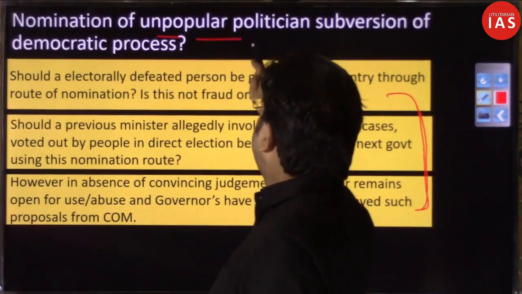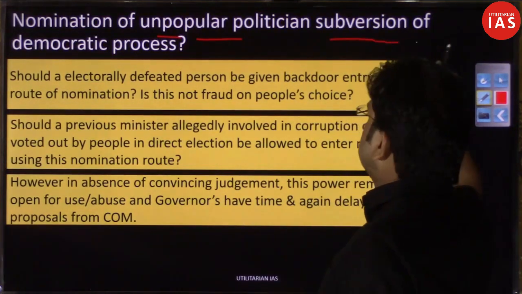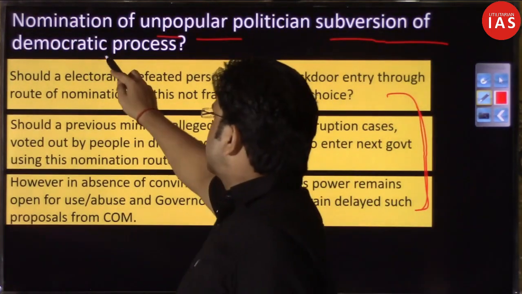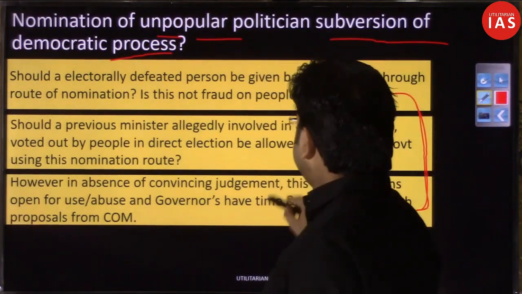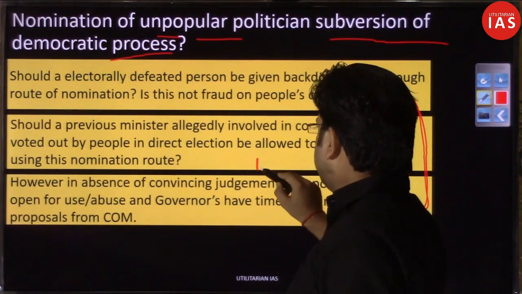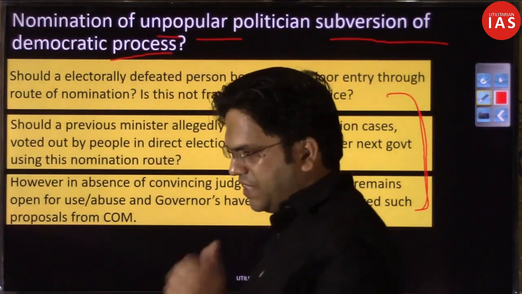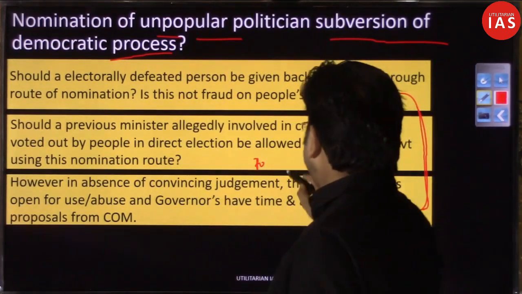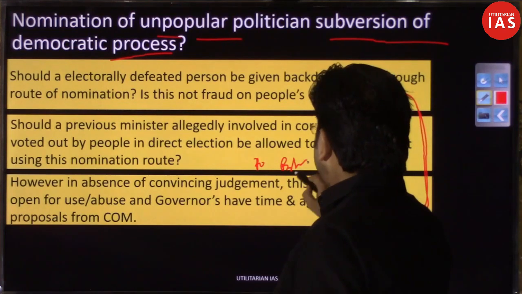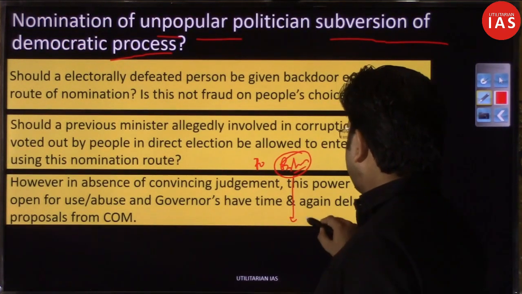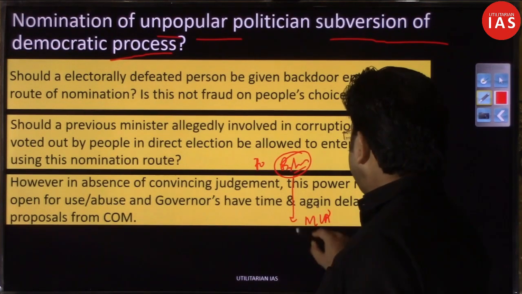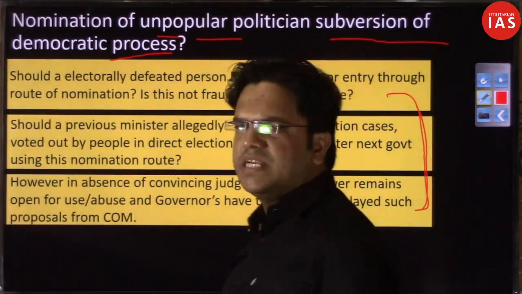So, nomination of an unpopular politician, is that not subversion of the democratic process? Let me explain in a simple manner. Suppose there is one politician who was in the previous government. If I take the example of Bihar again, Bihar is going through elections right now, and suppose there is one minister or MLA against whom there are wide allegations of corruption.